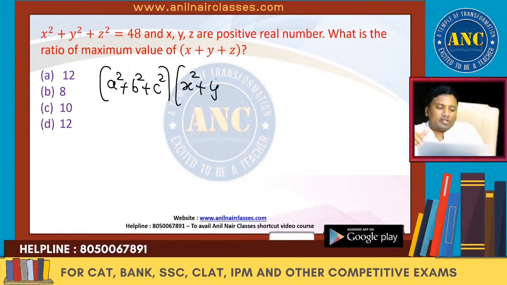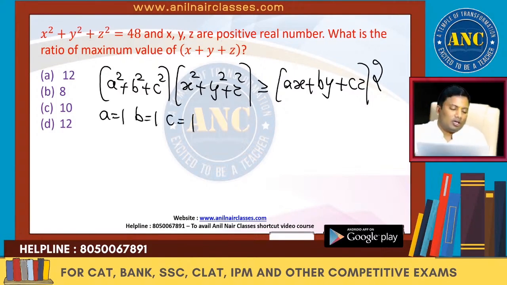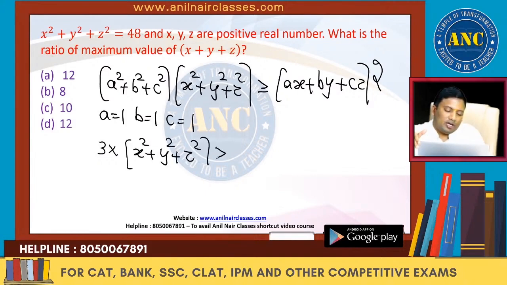What you do is, you keep a equivalent to 1, b equivalent to 1, c equivalent to 1. 1 plus 1 plus 1, 3 into x square plus y square plus z square greater than or equivalent to x plus y plus z whole square.